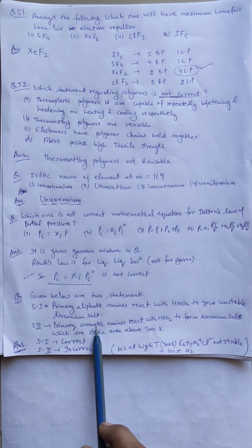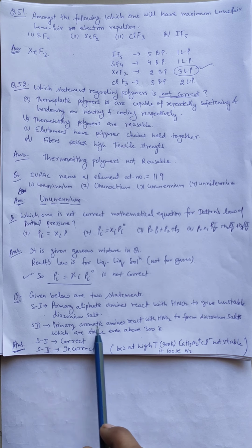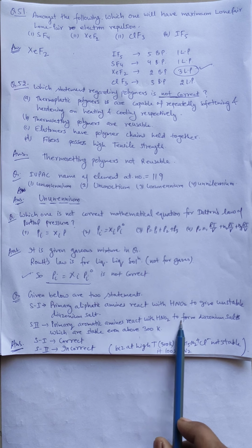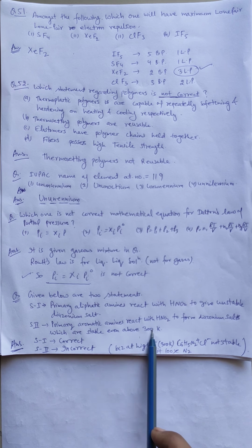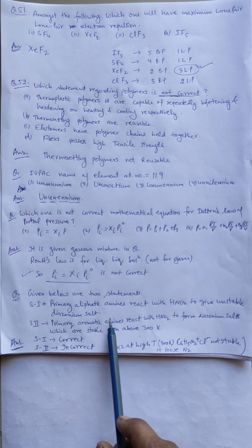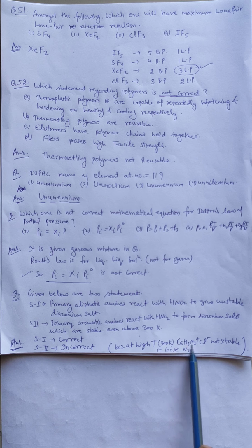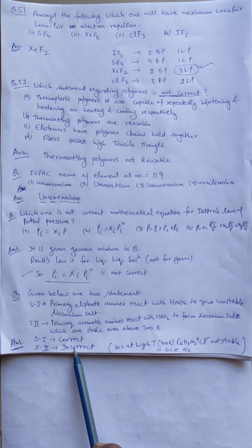Statement 2, primary aromatic amines react with HNO2 to form diazonium salts which are stable even above 300 K. No, actually the diazonium chloride formed is stable only at low temperatures, not at high temperatures. So it is the incorrect statement.